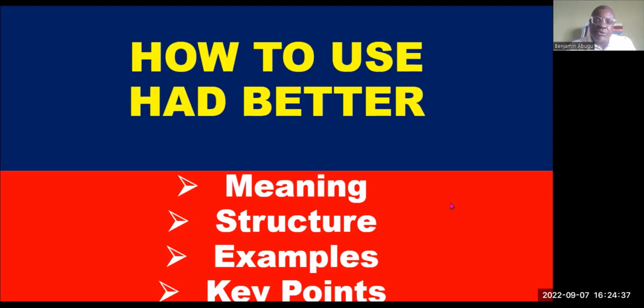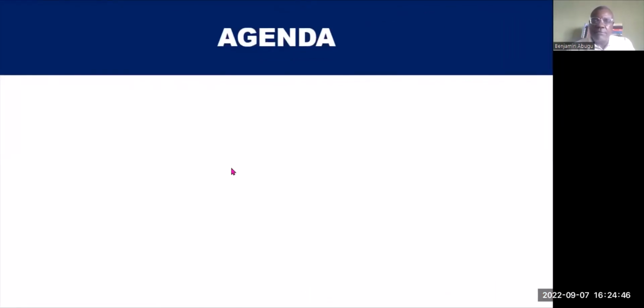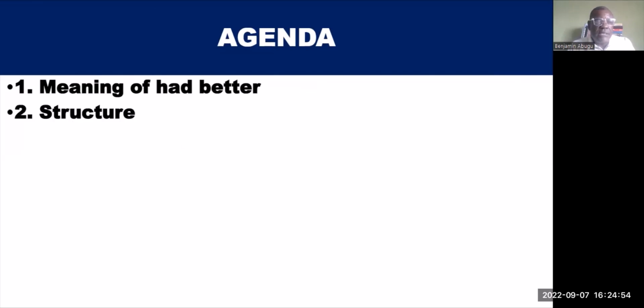Now let's dive into the lesson right away. Let's begin by looking at the agenda for today's lesson. The first thing we are going to look at is the meaning of had better. And then we look at the structure, the target structure.